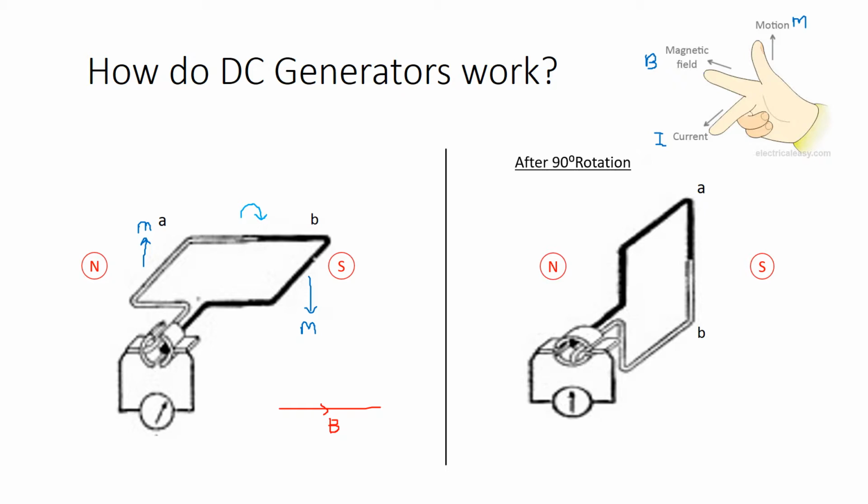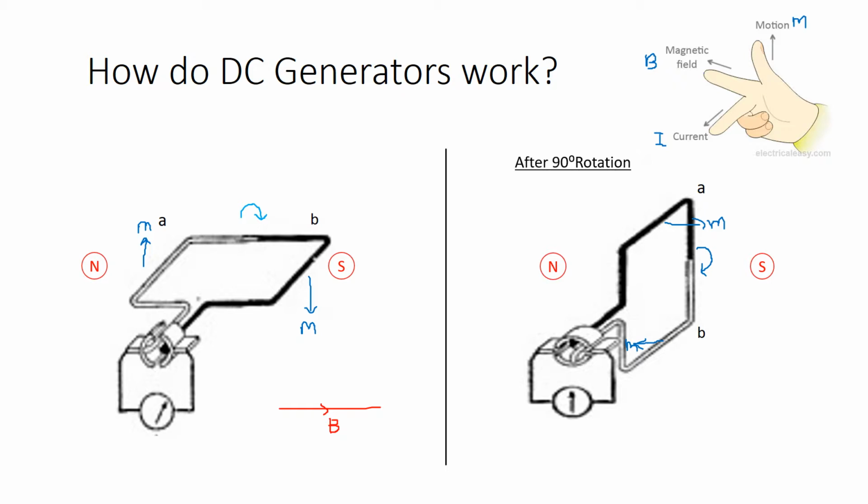And let's say here, the coil will still want to rotate in a clockwise direction. And for it to do that, the motion at A will be towards the right, and the motion at B towards the left to produce a clockwise rotation.